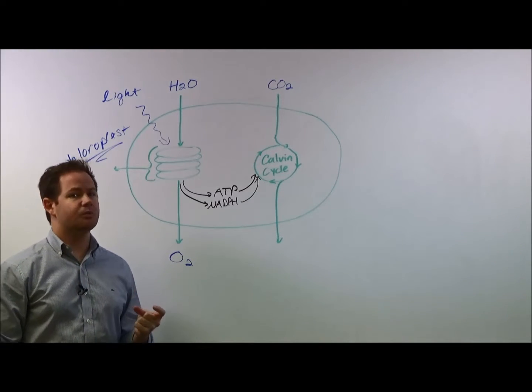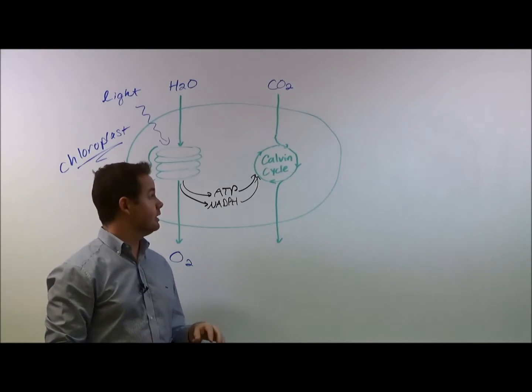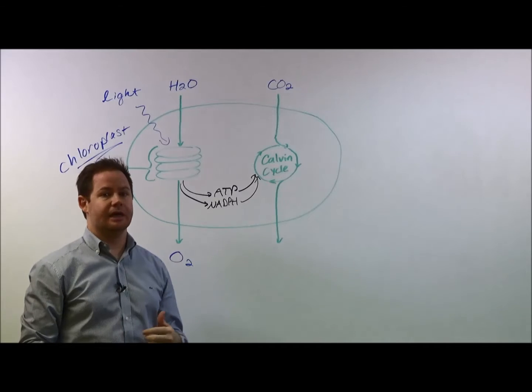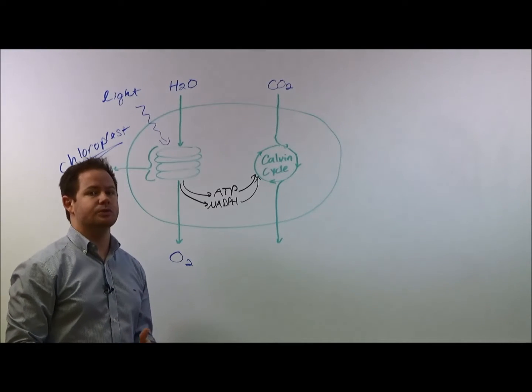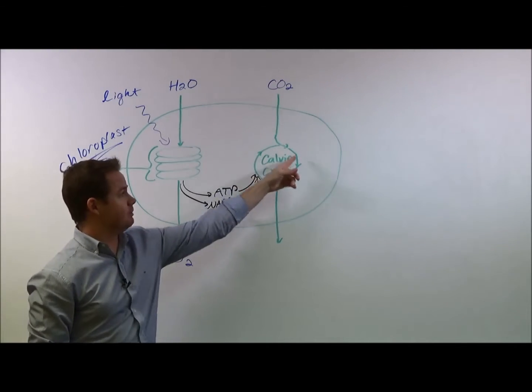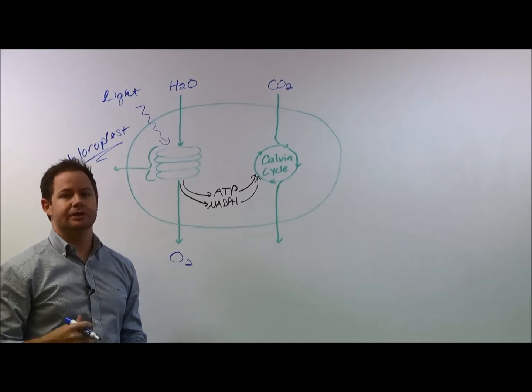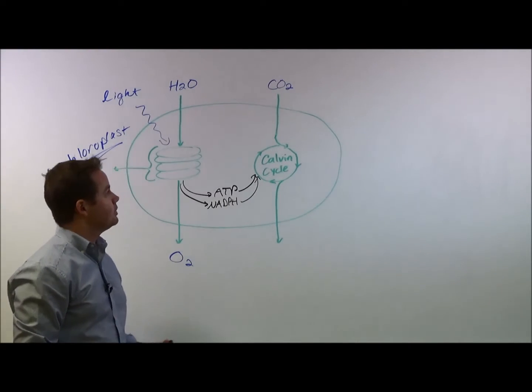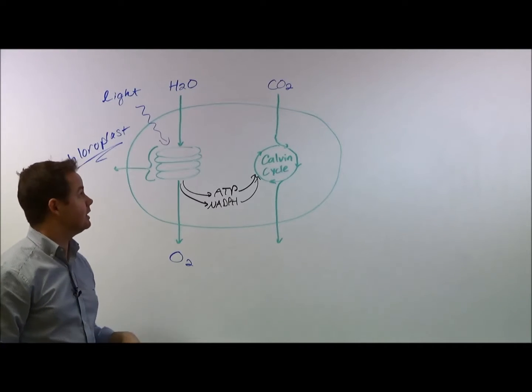Now that's a little bit more detail than we're going to get into in this video, but that's something that if your teacher asks you to memorize, let's say, all the intermediates of the Calvin cycle, you need to know all of the structures. Those are some names that you'll need to be familiar with there. So for right now, we just want to make sure we understand the overview.